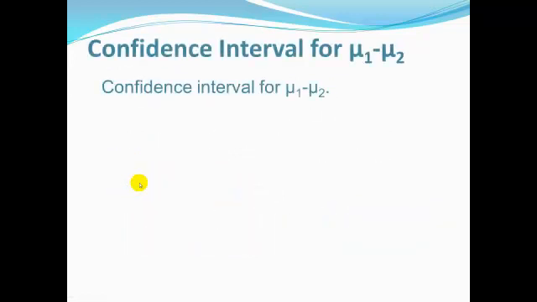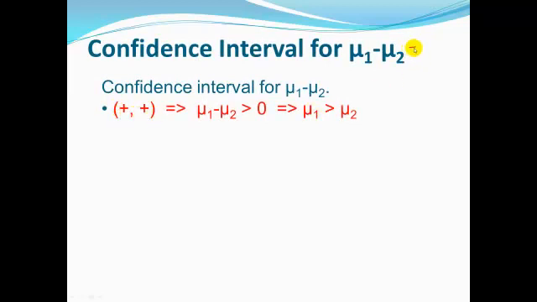So as I go to this interpretation, what does this mean? Remember, we're going to be asking the question, is this difference equal to 0 or not? If you have two positive endpoints, that means that if this confidence interval goes from, say, the value 10 to the value 20, what we know is that the difference mu1 minus mu2 is greater than 0.